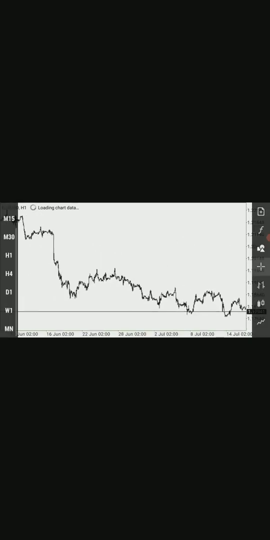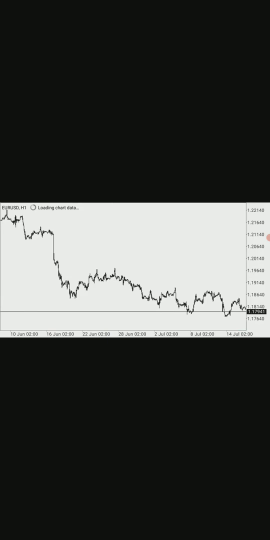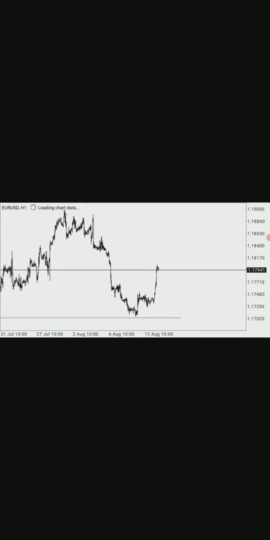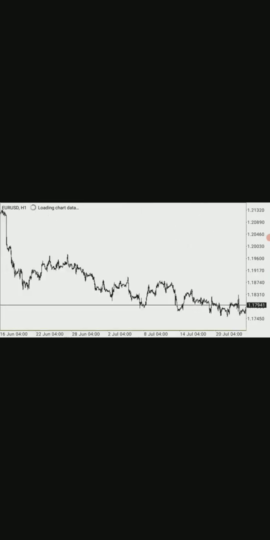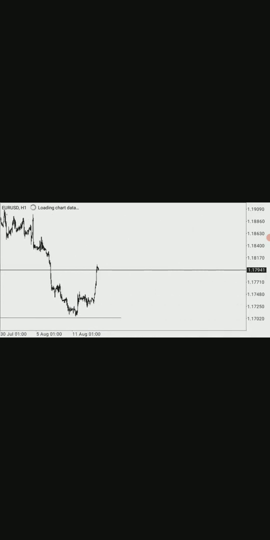Then before coming to this particular high here, that's what I'll be expecting really. Like I said, it could trade down again, offsetting these lows, but I really don't see that happening. So my bias for this week is to be bullish on currency pairs.